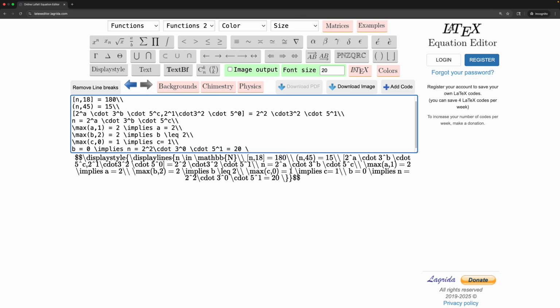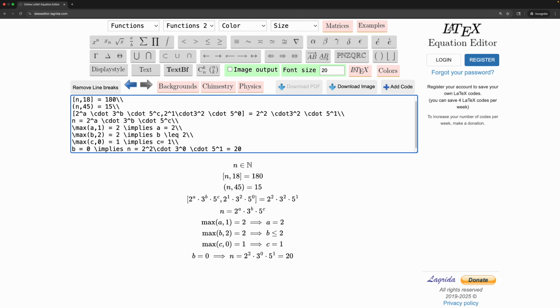So here we use our second condition, which is the greatest common divisor of n and 45 is 15. Well, we see that the greatest common divisor of 20 and 45 is just 5. So this one doesn't work.